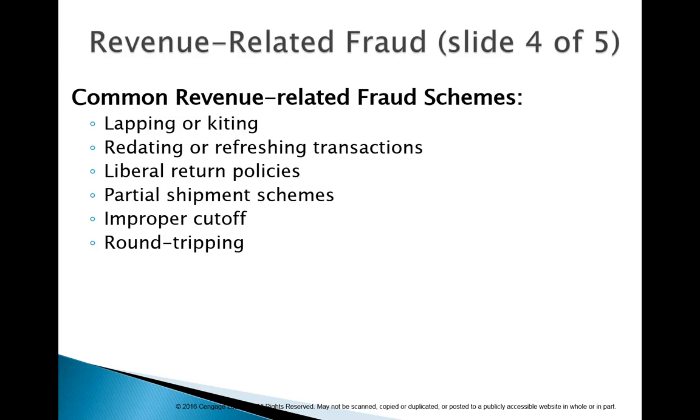Some other ways to commit revenue fraud are lapping or kiting, because that's what happens to cover up the fraud scheme. If you commit revenue fraud, you put the fake revenue on your income statement and the fake debit on the balance sheet. Well, those fake receivables are not going to be collected. The cash isn't going to come in. And so to keep your accounts receivable from looking too old, and those invoices getting too outdated and having people raise questions, you can do lapping or kiting.